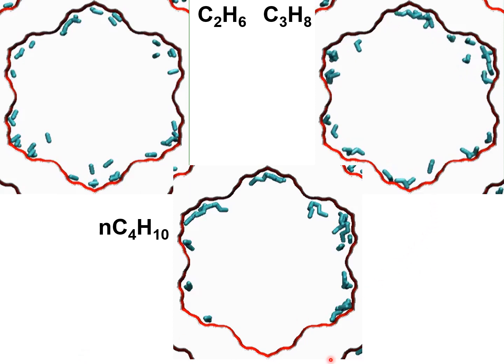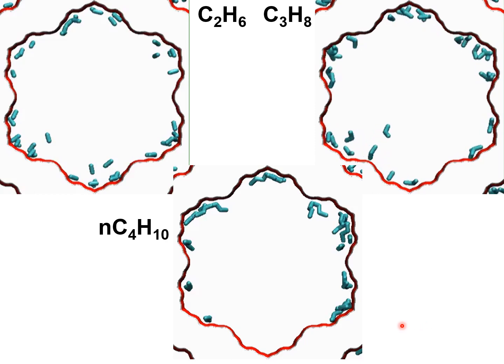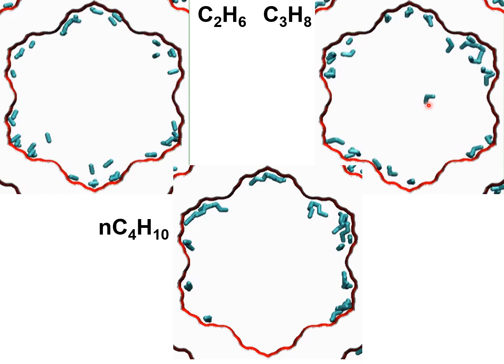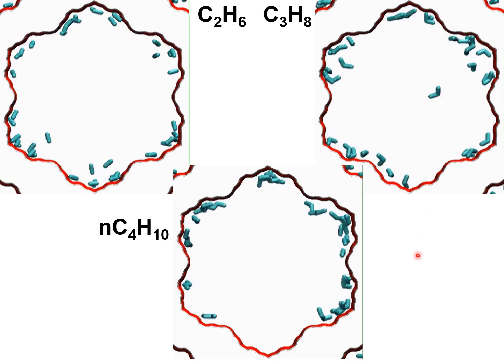This is propane. Most molecules are concentrated near the pore walls, and molecule-wall collisions are of much greater significance than molecule-molecule collisions, except for this molecule here, but it doesn't have any other molecule to collide with.